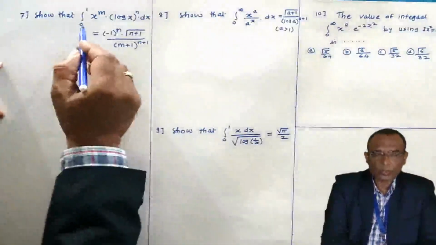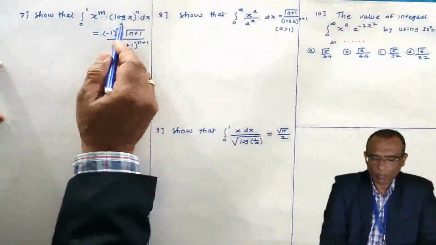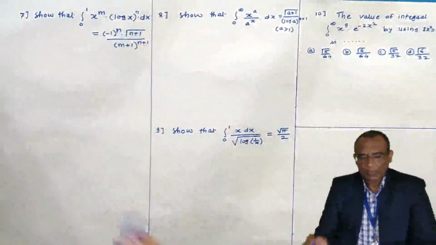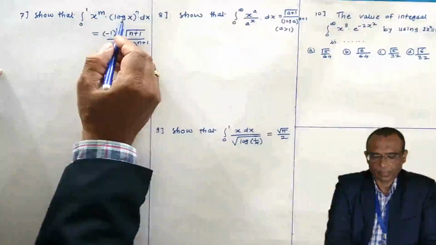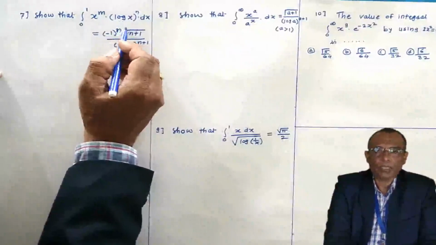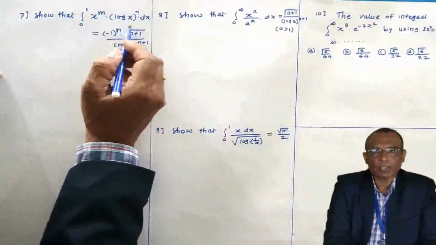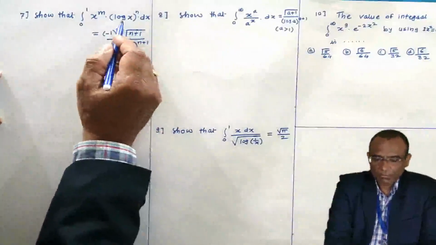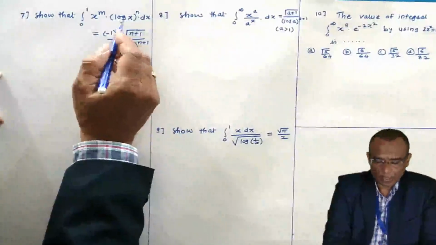Now, the next problem: show that the integral 0 to 1 x power m log of x power n dx. Previously, we dealt with log of 1 by x and we substituted log of 1 by x equal to t, 1 by x equal to e to the power t, x equal to e to the power minus t, like that. But here we have log of x, we don't have log of 1 by x.